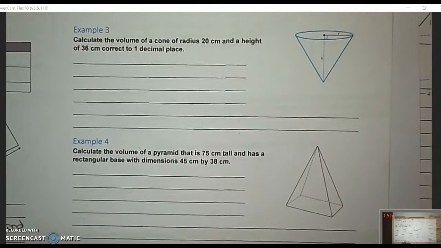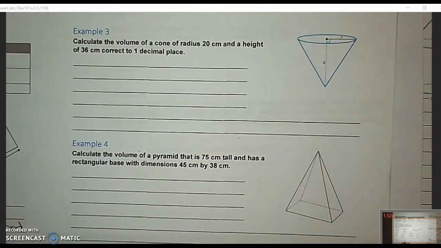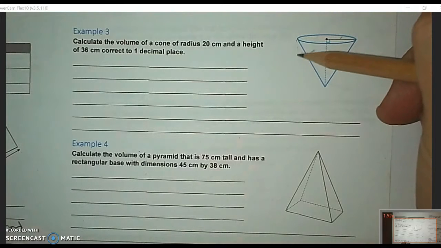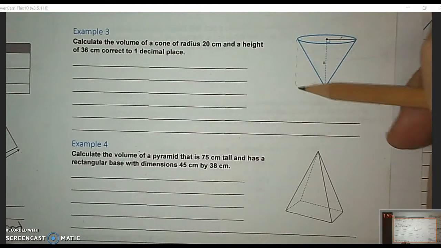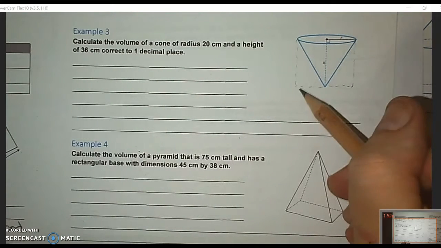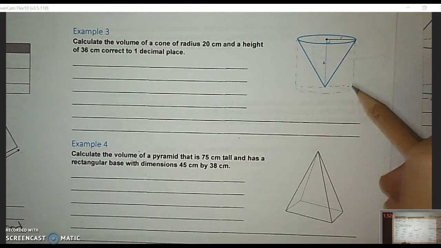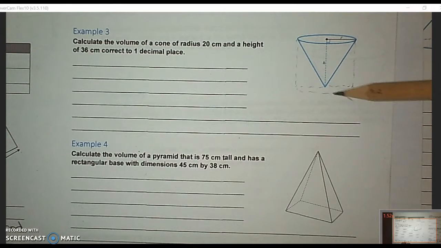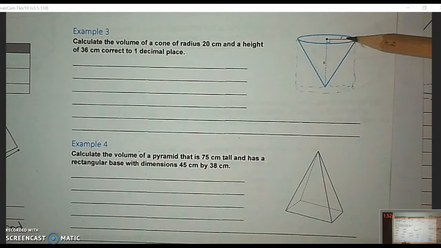So a cone is 1/3 of the shape of a cylinder. So if we were to dot in down here a cylinder, you would have one cone that fits in here, one cone that fits in here, and one in the middle. So that's why we divide it by 3.